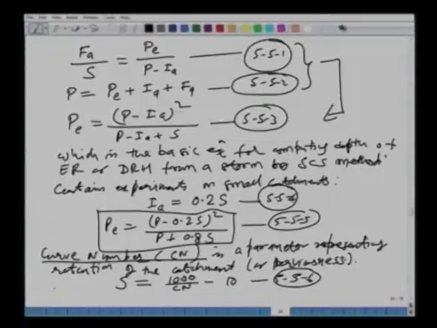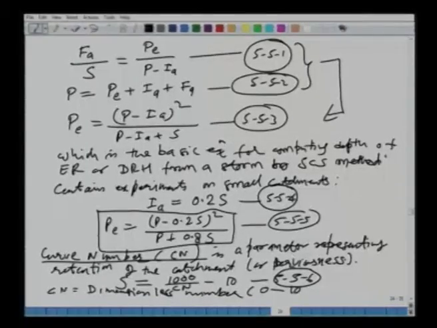Where this CN is a dimensionless number. It does not have any dimensions, and its value ranges between 0 to 100. A curve number equal to 100 means a completely impervious catchment.